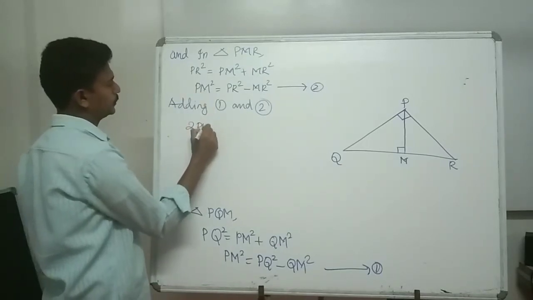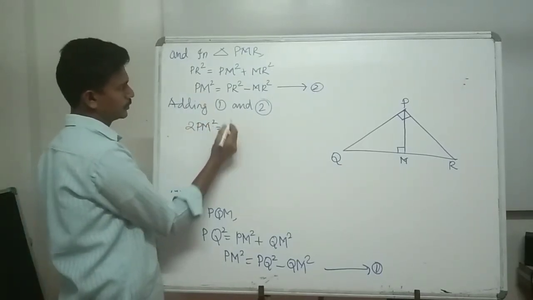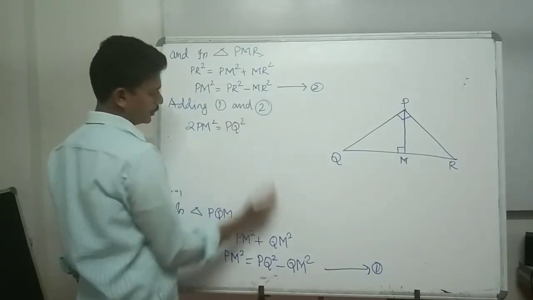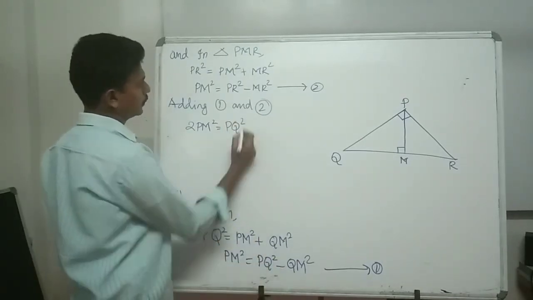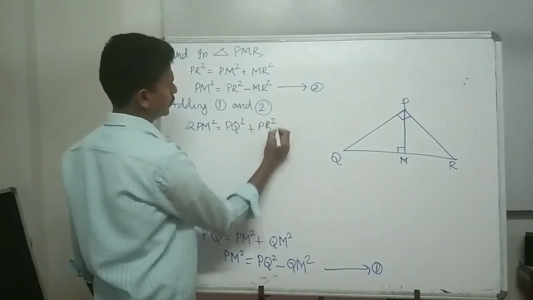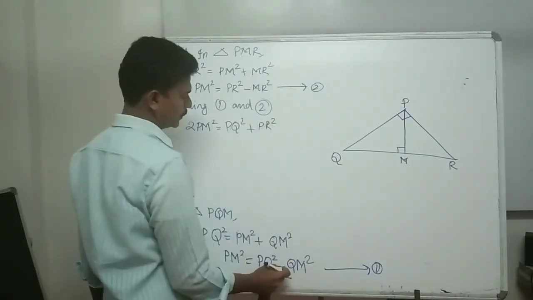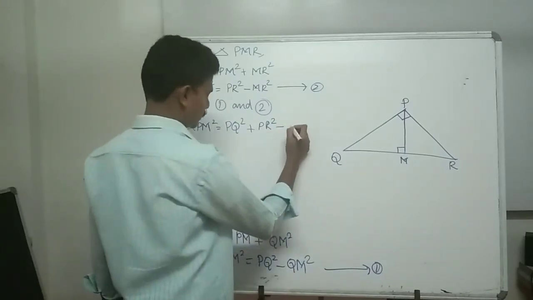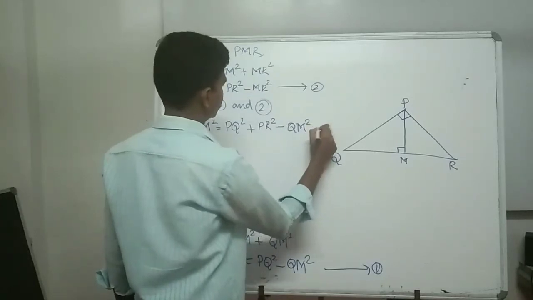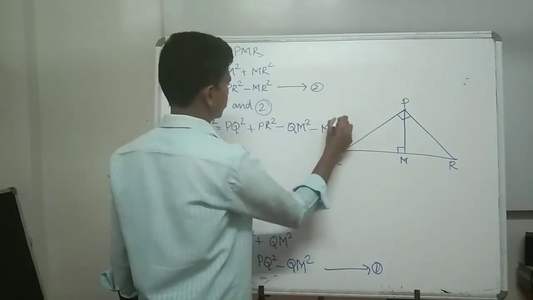So total 2PM square is equal to PQ square, which is positive, and in the same way PR square also positive, then minus QM square and minus MR square.